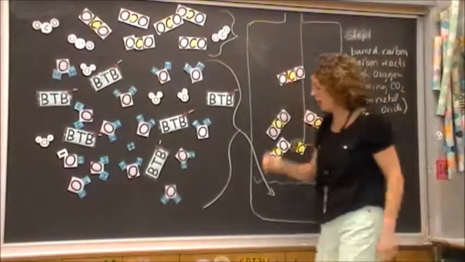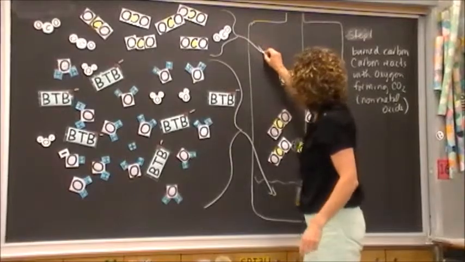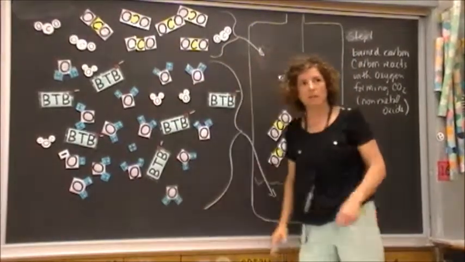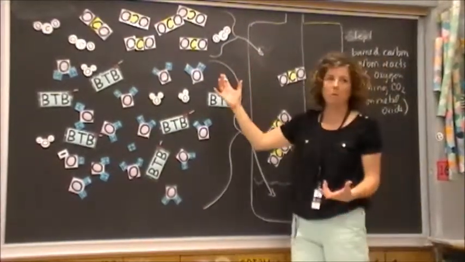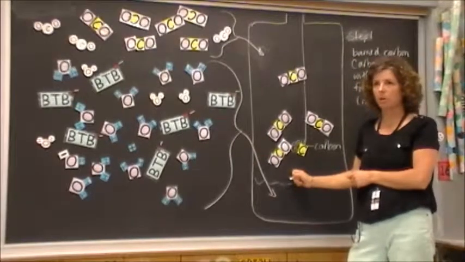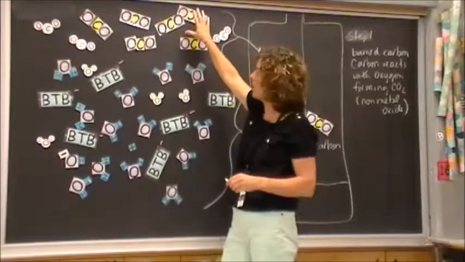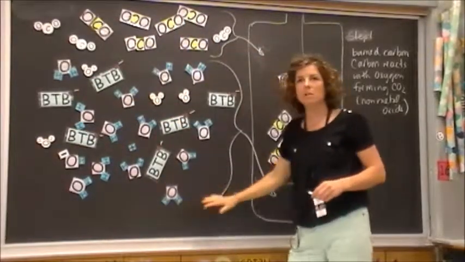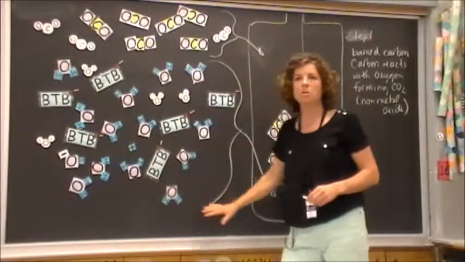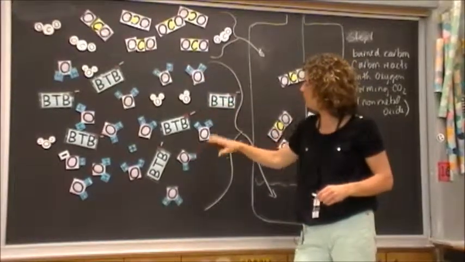So now let's go back to this picture here. This picture on the left is a representation of what's going on in this gas bottle. There's the carbon dioxide I produced from burning my carbon. Here's my liquid solution with my BTB drops in it. 1, 2, 3, 4, 5, 6.